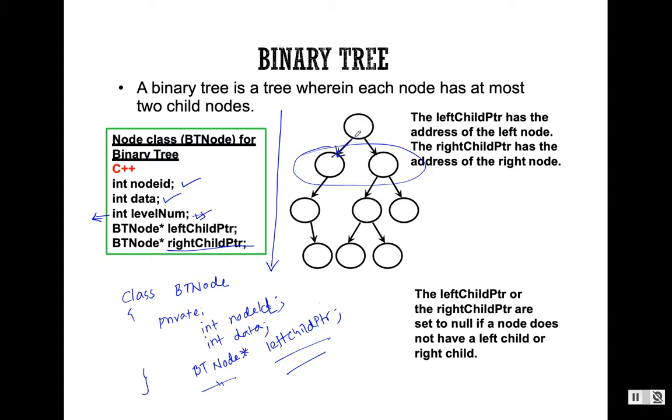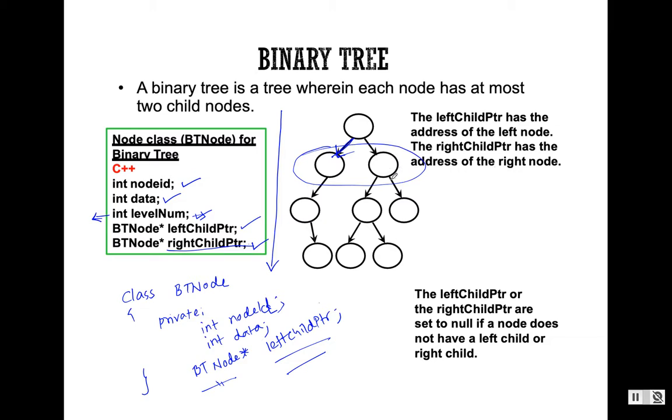the pointer that can point to the same type: the left child pointer, and another that is going to point to the right child. So the left child pointer has the address of the left node, and the right child pointer is going to have the address of the right node.